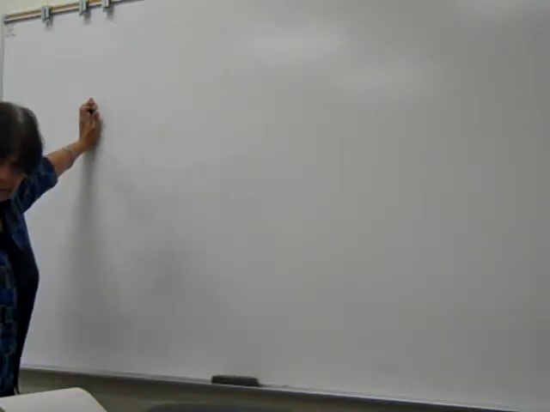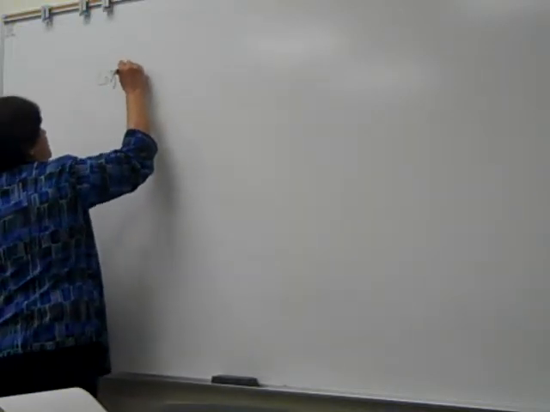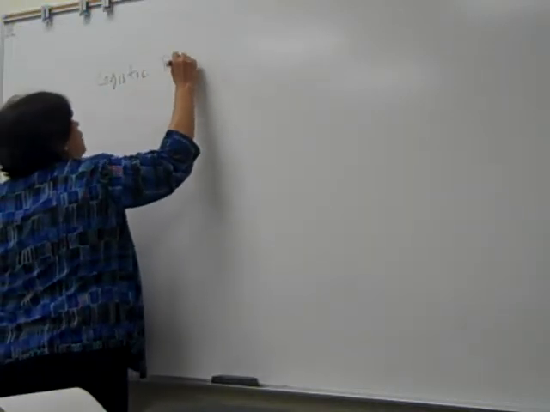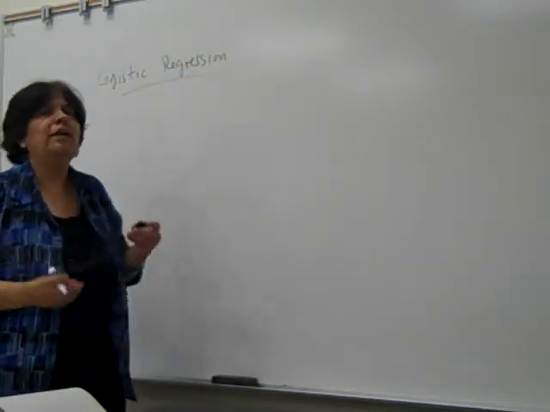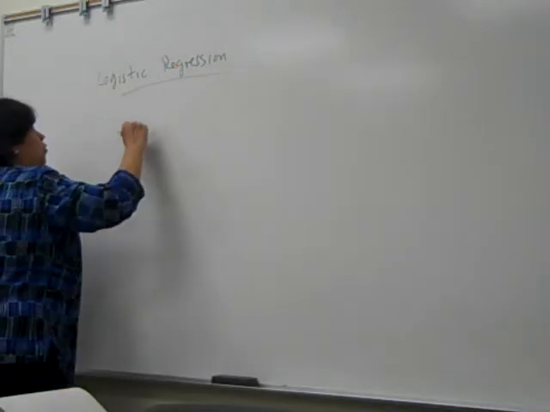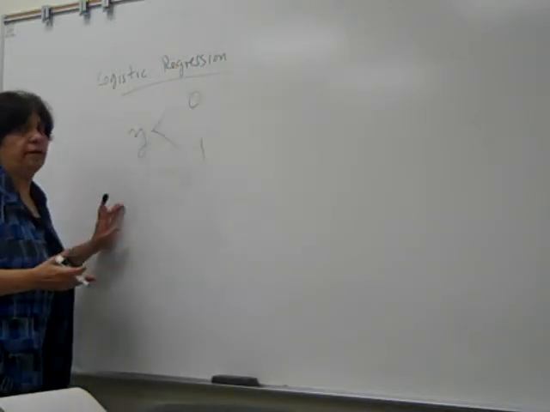Another thing, back in the chapter of your book, is called logistic regression. Okay, logistic regression is used when your dependent variable, your y, can only take 2 values, probably 0 and 1.